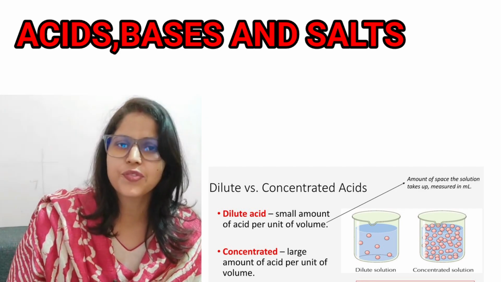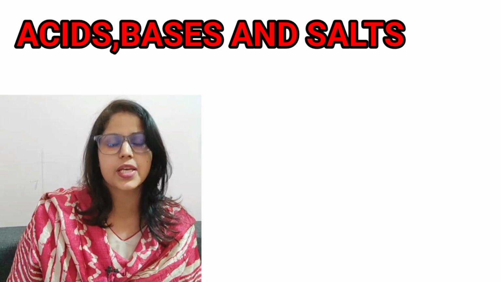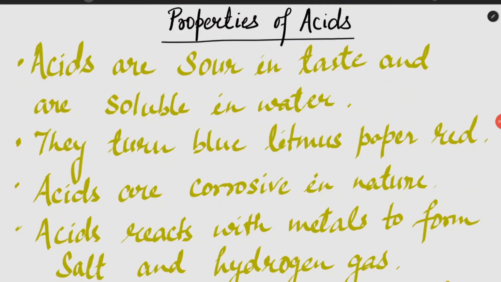Now we have to understand different properties of acids. What are the uses and chemical properties of acids? These are some basic properties of acids. The first one, the taste is sour, and acids are soluble in water. Also, they turn blue litmus paper, which is an indicator, to red color.